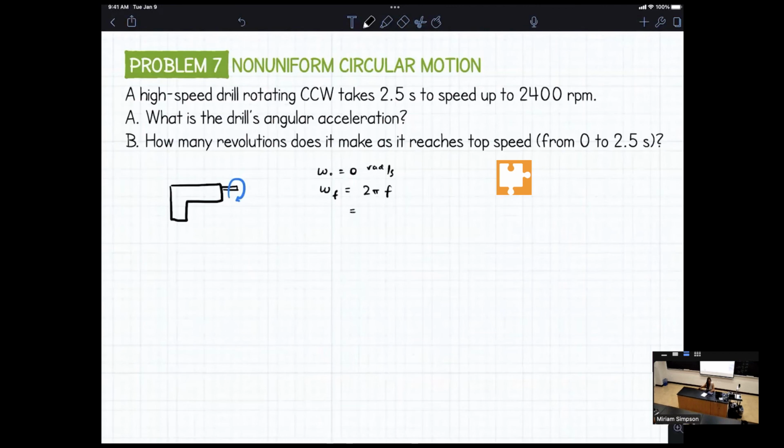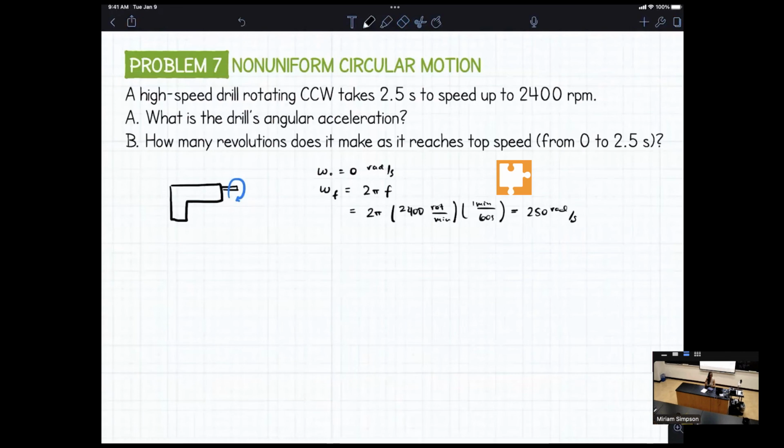Our frequency is 2,400 rotations per minute, so 2 pi times 2,400 rotations per minute. Once again, we need 1 minute, 60 seconds. This is going to give us 250 radians per second, okay? So this is our initial and final speeds.